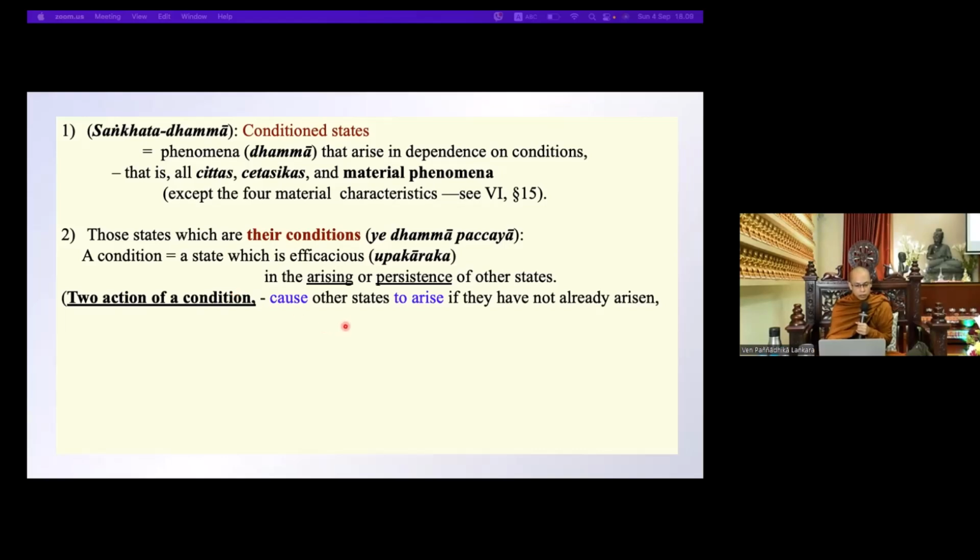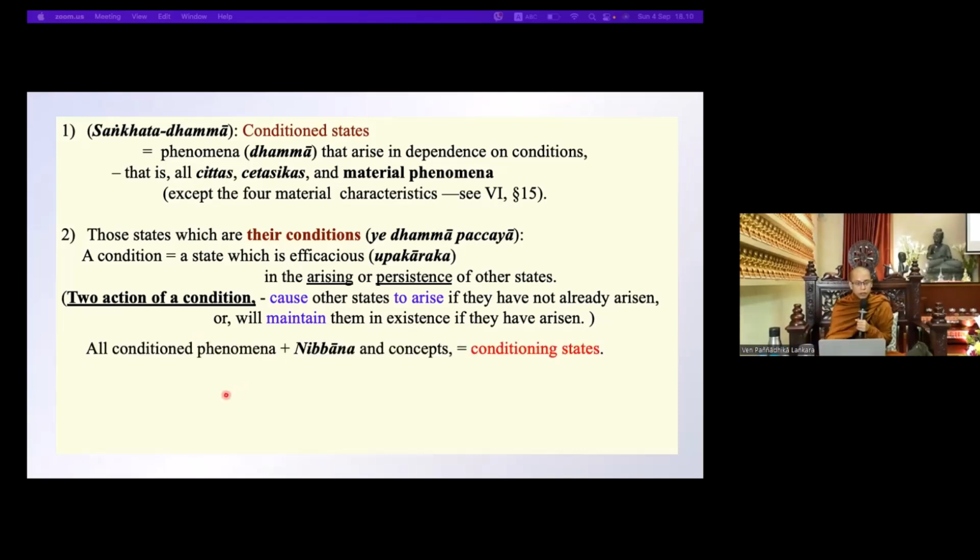They can cause the conditional state to arise if it has not yet arisen, and if it has already arisen, they maintain it. These are called conditions. So the conditions give rise to and maintain the conditional states. In other words, Paccaya Dhamma give rise to and maintain the Paccayuppanna Dhamma.